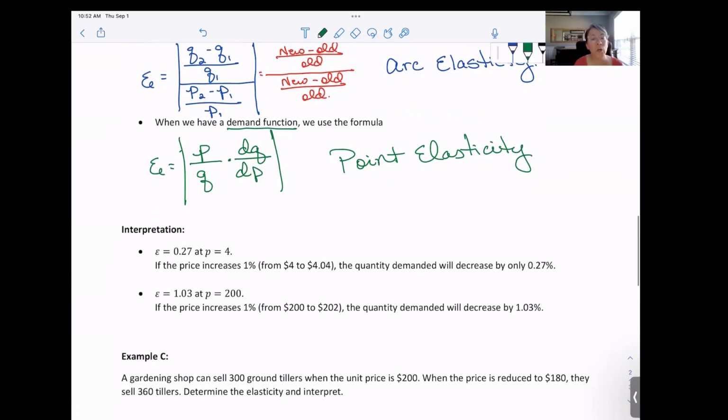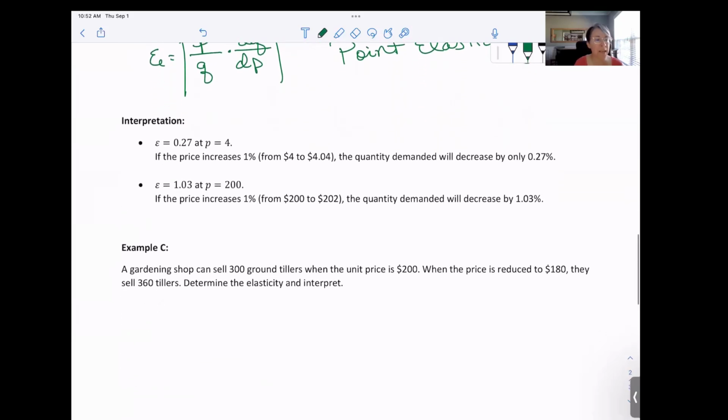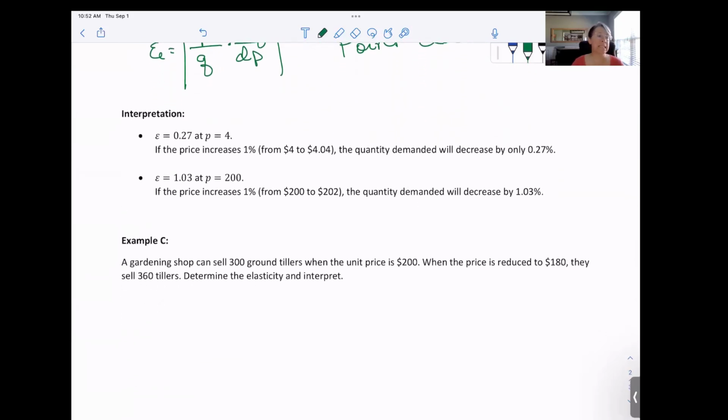Now, how do we interpret these? Here are a couple of examples. Let's say the elasticity is 0.27 at P equals 4. Since 0.27 is less than 1, we say it is inelastic. In other words, it doesn't have that big of a change.